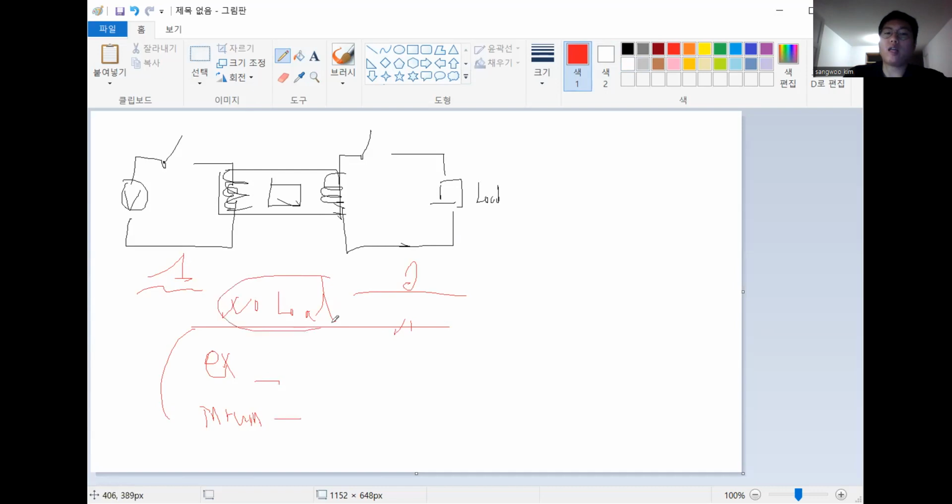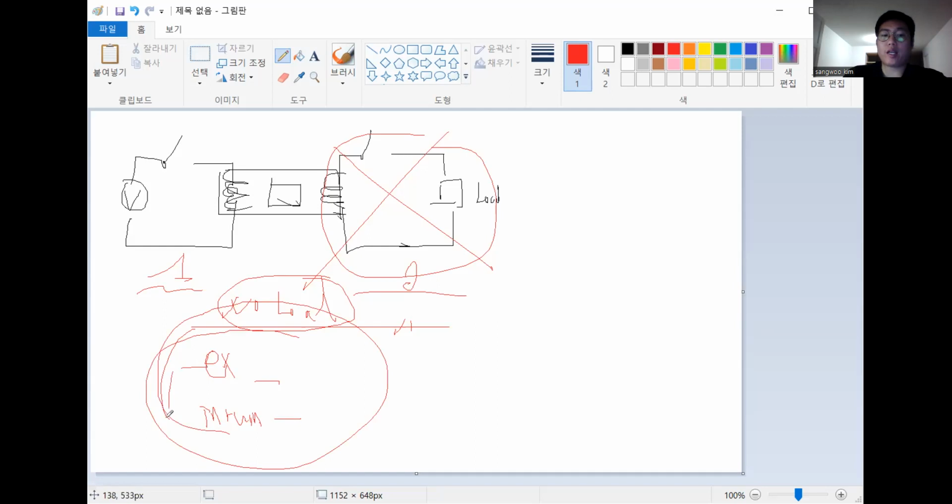At no load the secondary is open, so there's nothing there. Inrush current happens in the transient state, and then excitation current in the steady state.